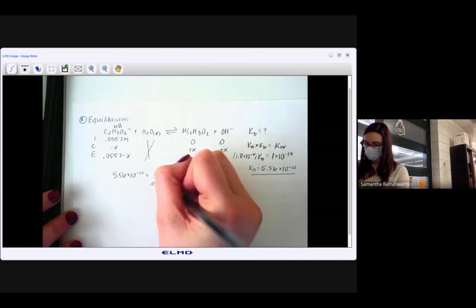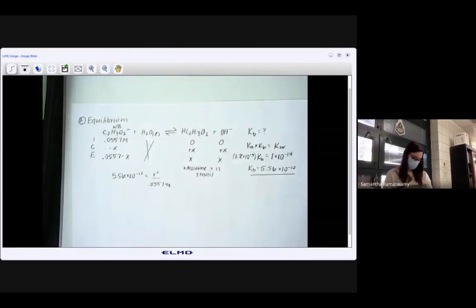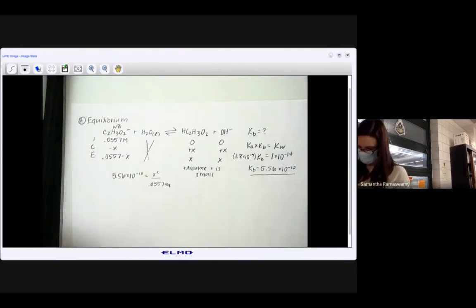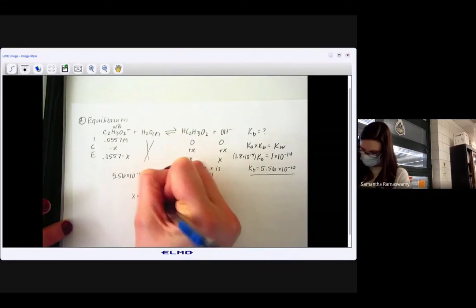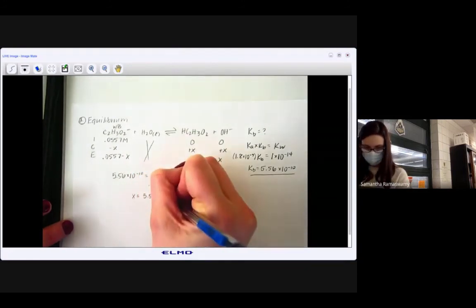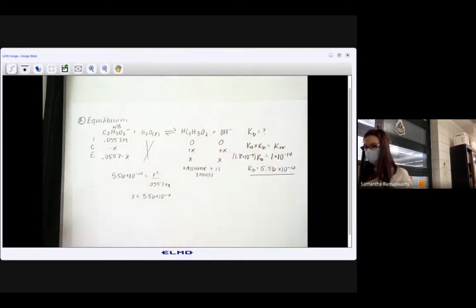By assuming X is small, we can ignore that minus X. I get X equal to 5.56 times 10 to the negative 6th.